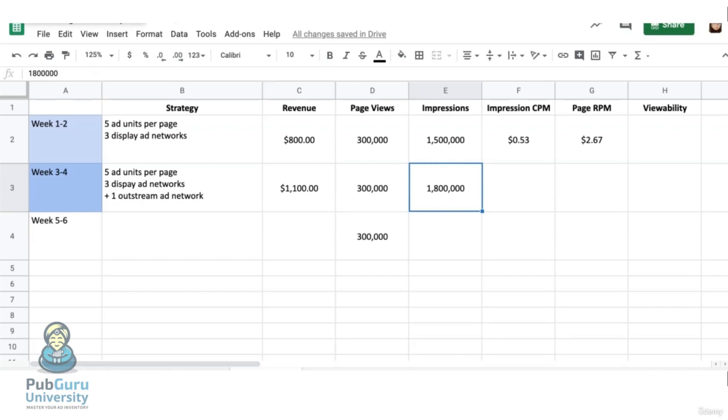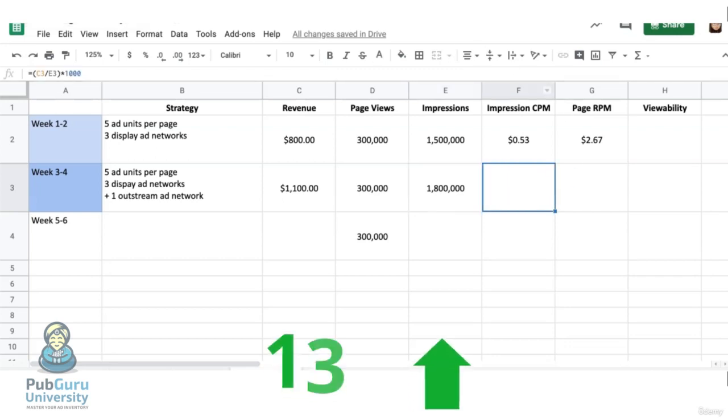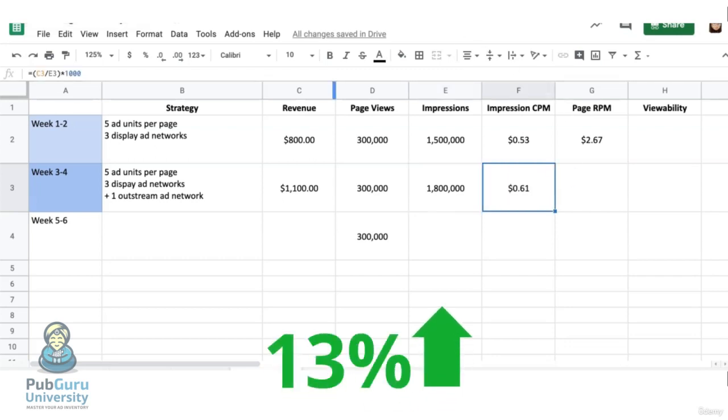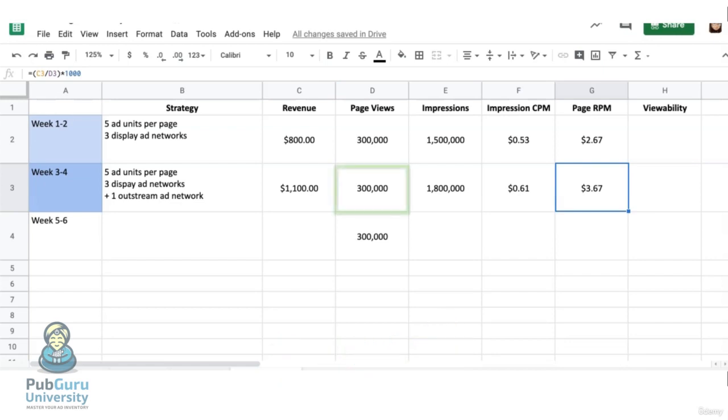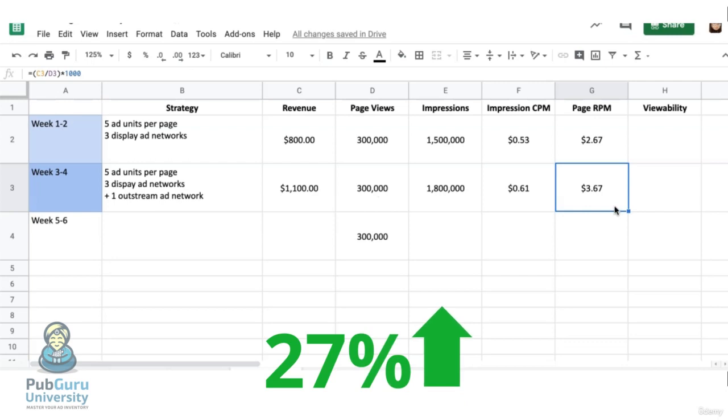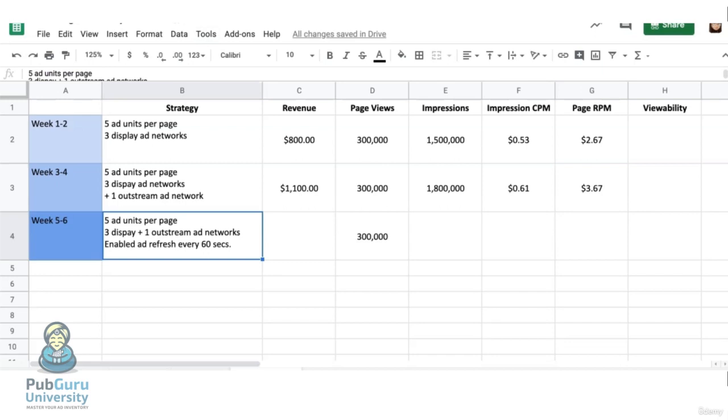Impressions increased to 1,800,000 per day. So now your impression CPM has increased to 61 cents. And because you are still consistently getting about the same amount of page views, your page RPM has now increased to $3.67.